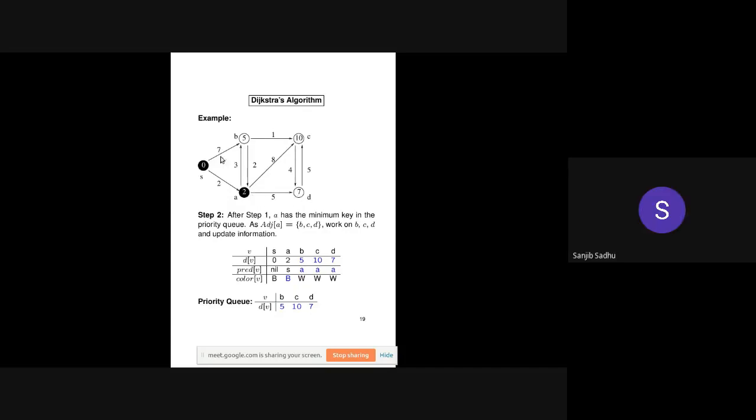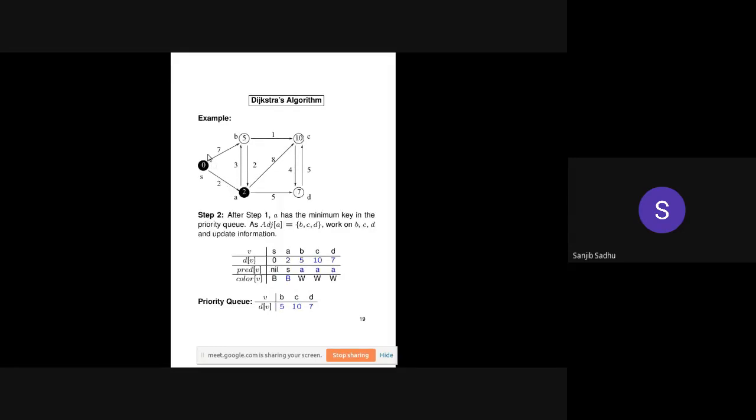Now, for example, you try to remember, initially B had 7, because this was the edge. Now, whenever you are adding A also in this set, what is the path length, means dB value? See, there is an edge from this to this. What is the weight of that edge from A to B? Tell me. So 3. Sir, 3. And what was the d value of A?